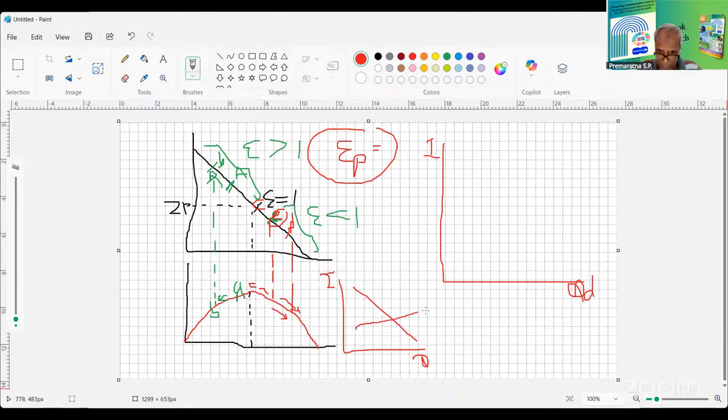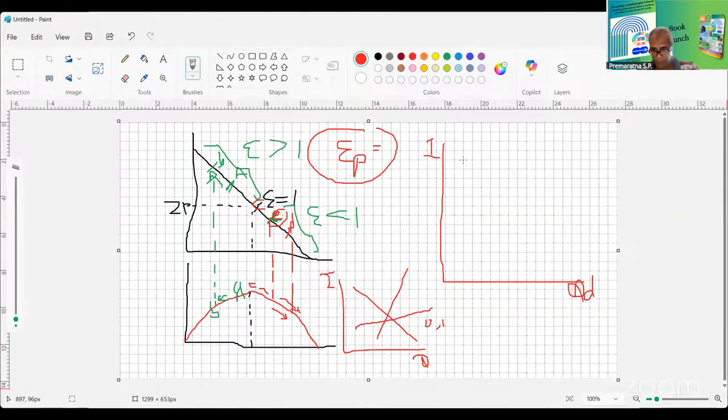If it is positive but the slope is between 0 and 1, that could be considered normal. If it is positive and greater than 1, superior.